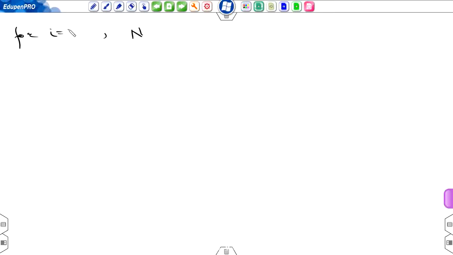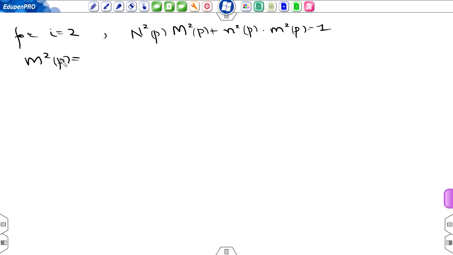So for i equal to 2, we have to evaluate n2p, capital M2p plus small n2p, small m2p, that is equal to 1. And capital M2p is given by p square minus p, and small m2p is given by p square plus 1.